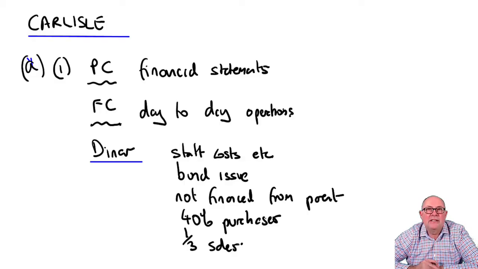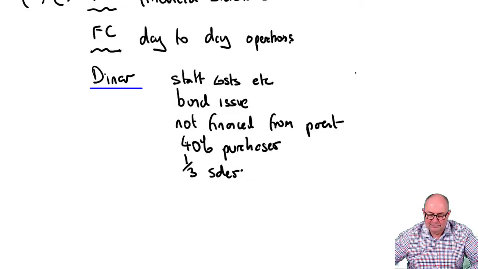When you calculate goodwill for a foreign sub, always do it in columns. A column in dinar, a column for the exchange rate, and then a column for the answer in dollars. So that's a calculation that's definitely worth having a go at, because it shouldn't really go very wrong.